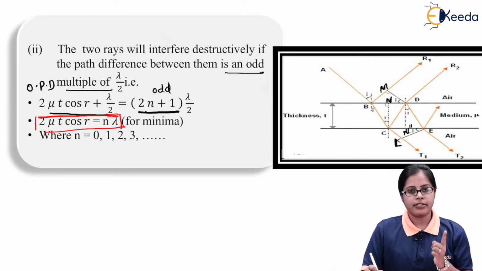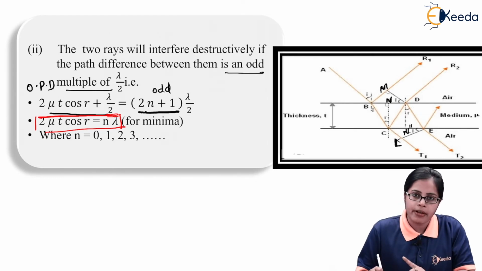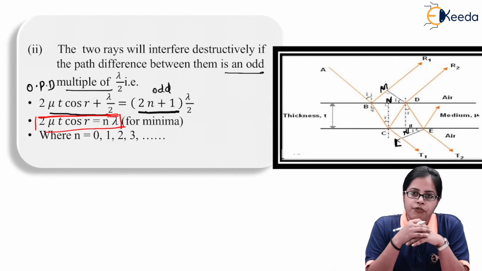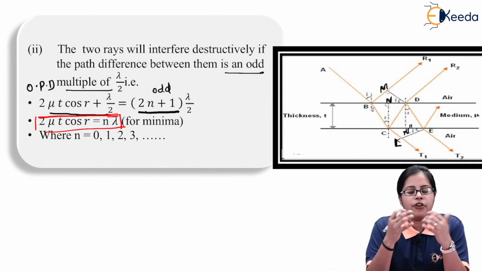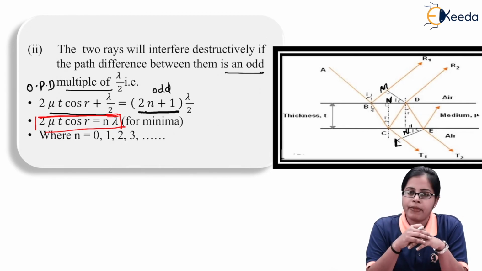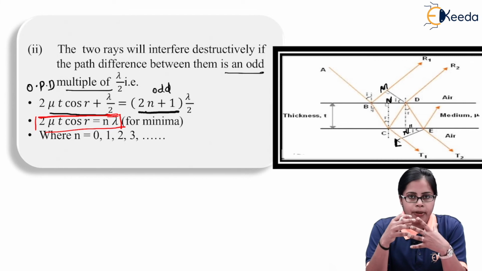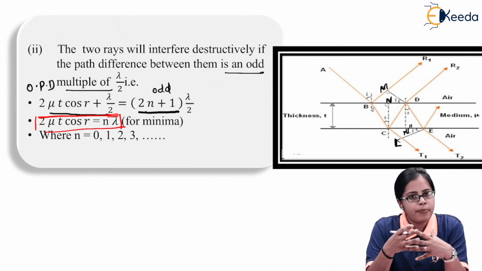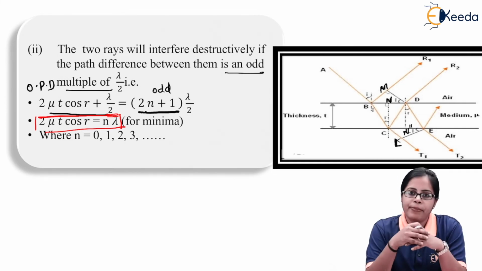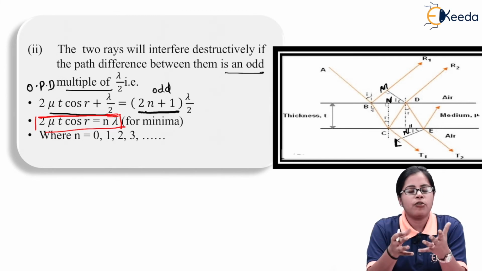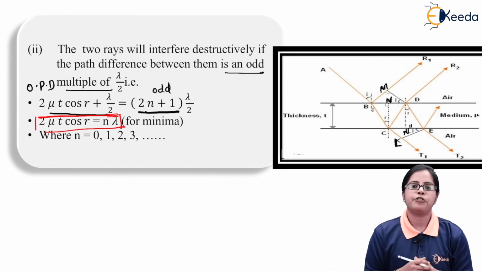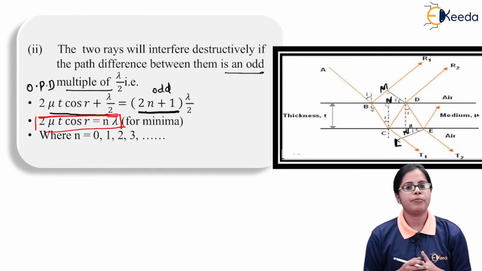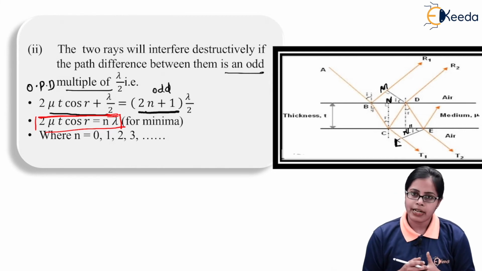Now this condition, 2 mu t cos r is equal to n lambda, is the obtained condition for a point to be a minima point, or for destructive interference to occur, or for the band to be a dark band. So using the optical path difference, whether it is an integer multiple of lambda or an odd multiple of lambda by 2, we have concluded that the above is the condition for maxima and this is the condition for minima. So we have to keep in mind what should be the condition for maxima and what should be the condition for minima.